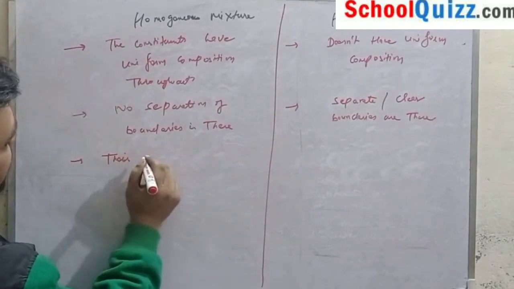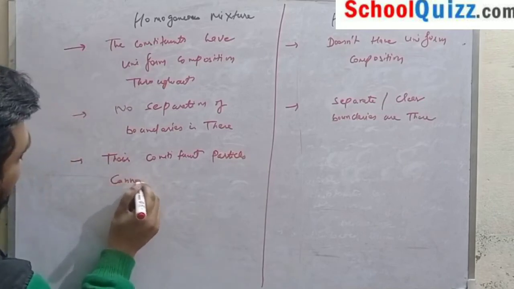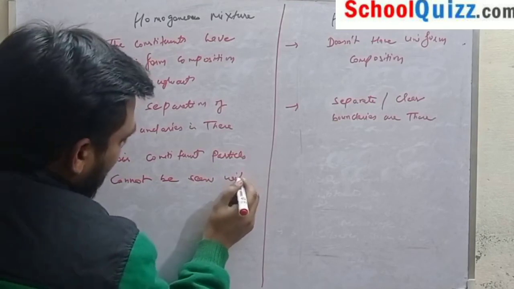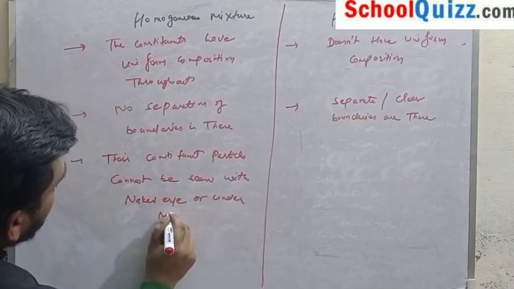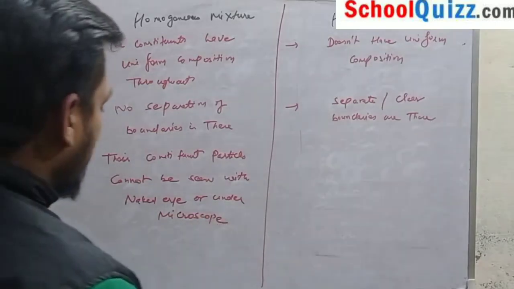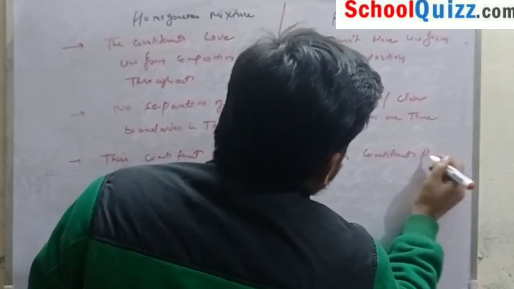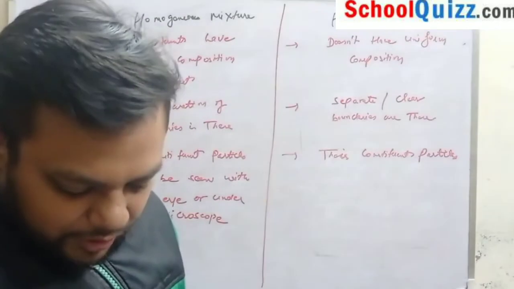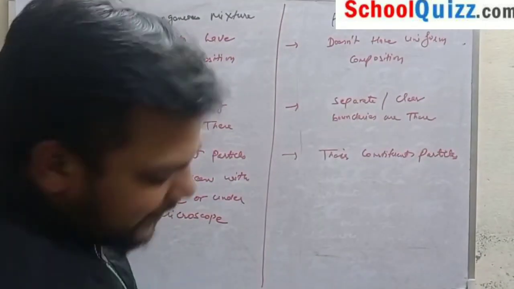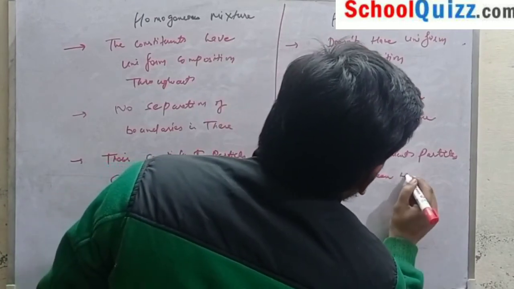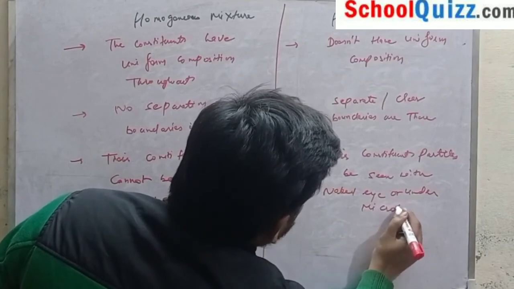The constituent particles of a homogeneous mixture cannot be seen with the naked eye or under a microscope, and the constituent particles of a heterogeneous mixture can be seen with the naked eye or under a microscope.